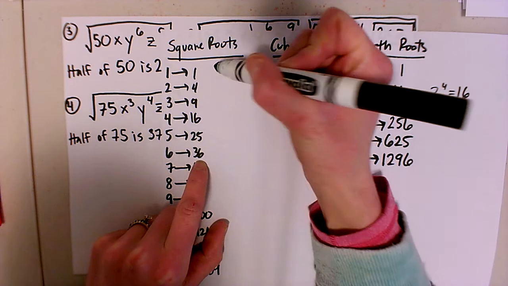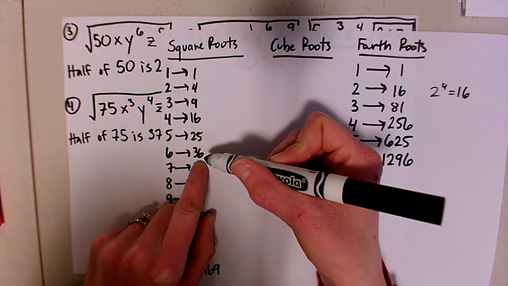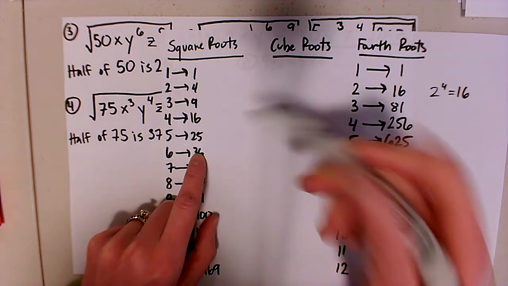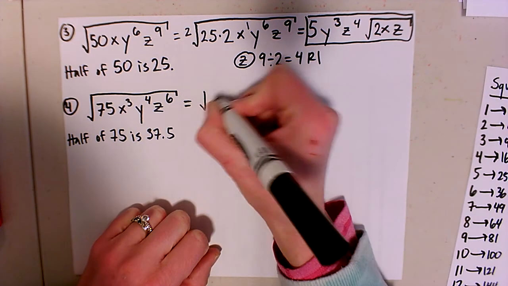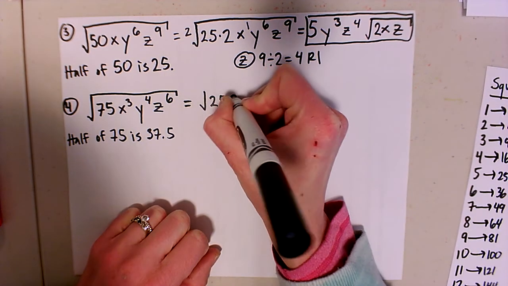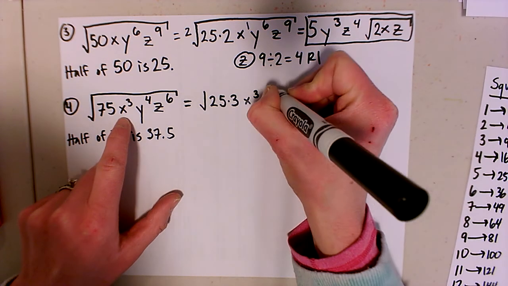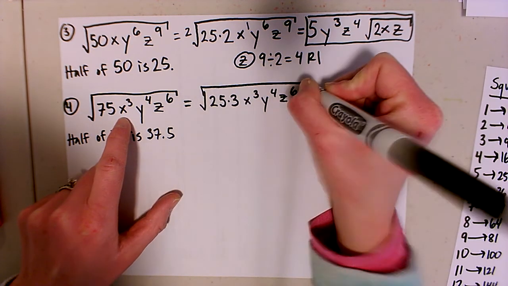So working backwards, the first one I come across is 36. Is 36 a factor of 75? No. Okay. Is 25 a factor of 75? Yes, it is. So then we can rewrite 75 as 25 times 3. And then we still have x cubed y to the 4th z to the 6th.